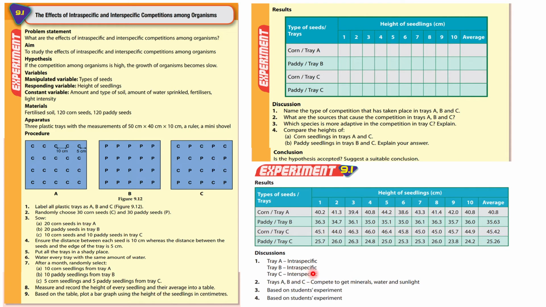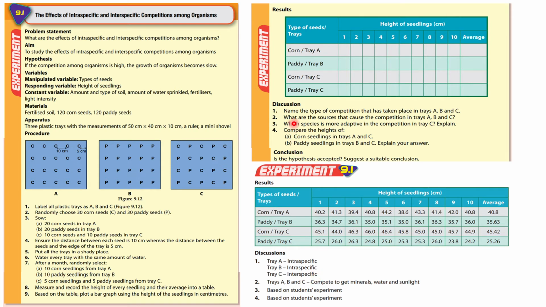Intraspecific competition among the same species of paddy seeds. But for tray C, we see a different kind of competition which involves C and also P. So that means the corn seeds and also the paddy seeds, different types of species. So that's why interspecific competition is involved.